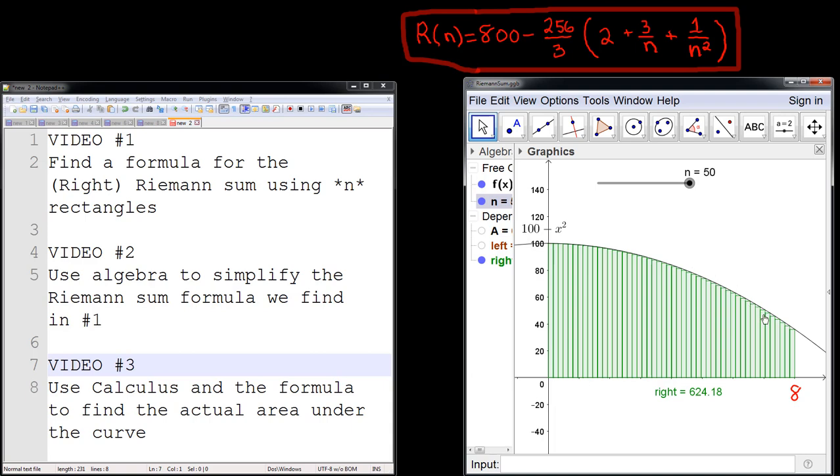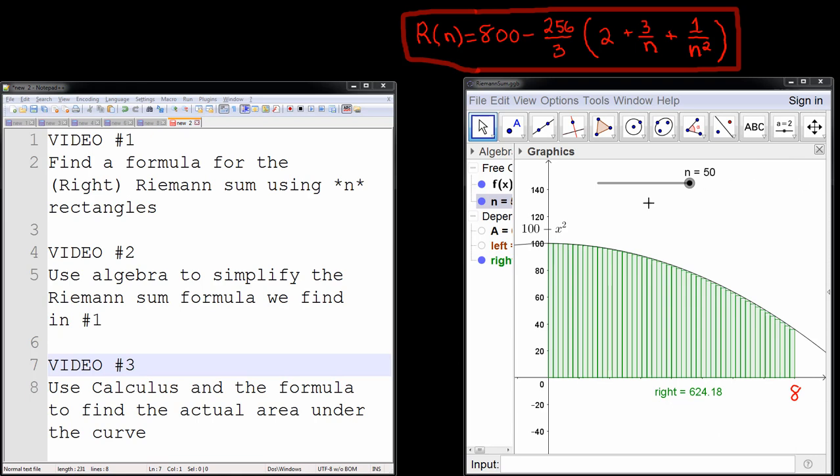But if you imagine using billions of rectangles, you're basically going to get the exact area under this curve. You're not going to get the exact area, even with 1 billion rectangles, but you'll get so close that who cares? It's close enough. That's where the calculus comes in.